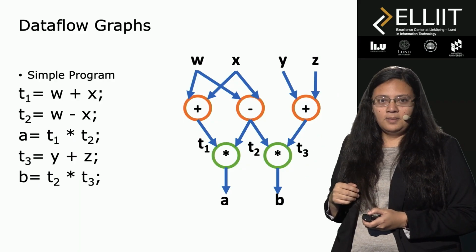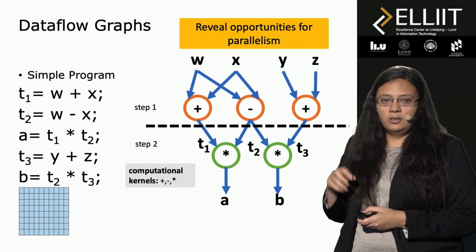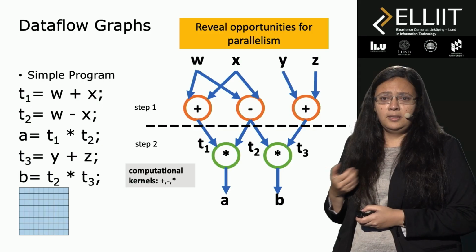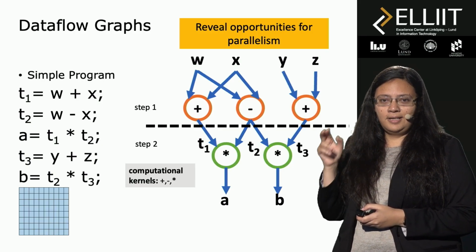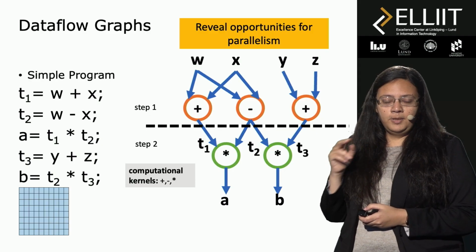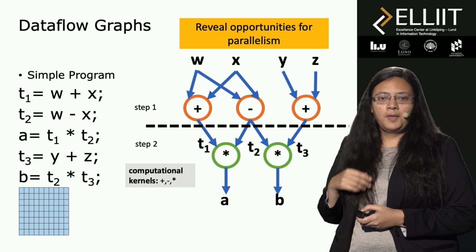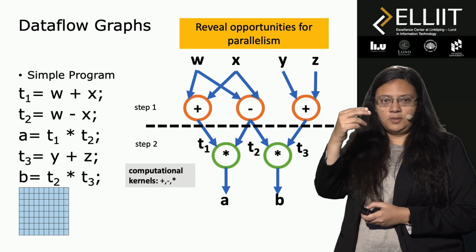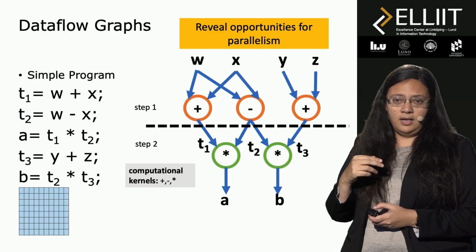The nice thing about this graph is that, first of all, it shows which computations in your program are dependent on the others and which are independent. As we can see here, the addition, subtraction, and the third addition are independent of each other, which means we can do them in parallel. Whereas the multiplication operations depend on the results from the addition and subtraction, so we cannot execute them at the beginning.